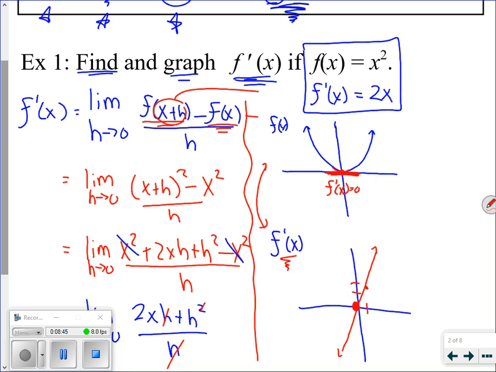Well, let's again think about it. All right, the slope right here, the slope right here. Do you see how the slope of the parabola is getting more and more steep? All right, so f prime of x is going to be positive and getting bigger.